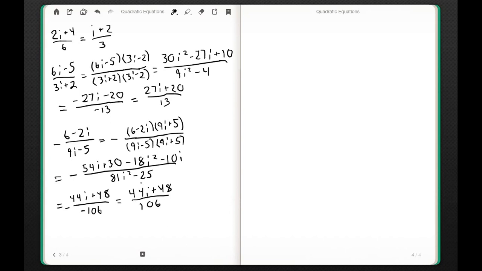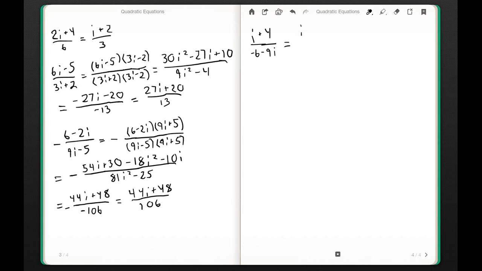Okay, let's do just one more. Okay, so with this one, you could factor out the negative from here, make this positive, and stick the negative in front.